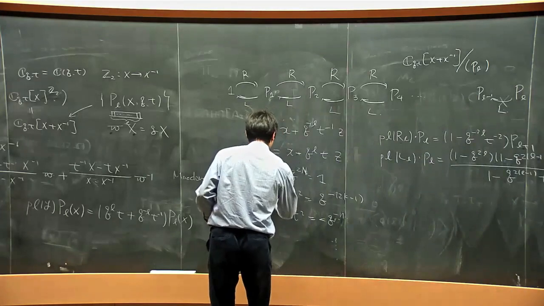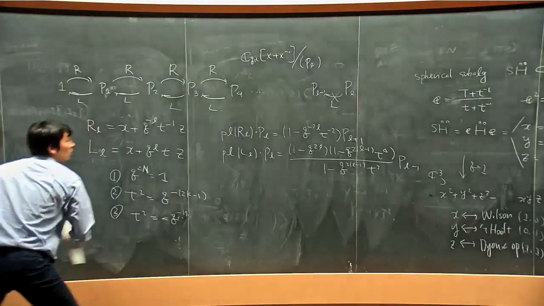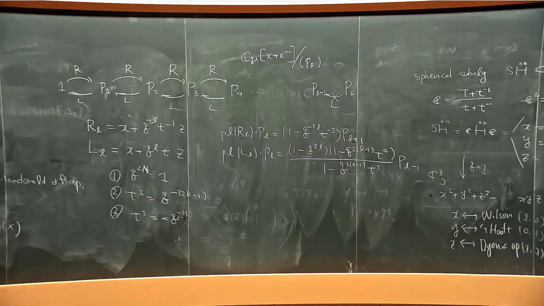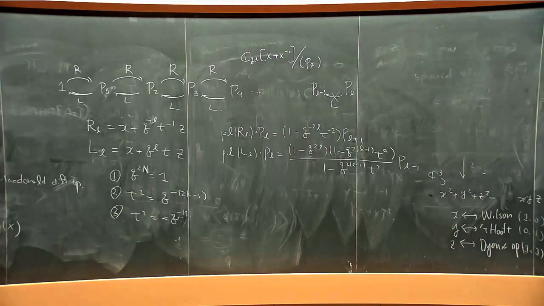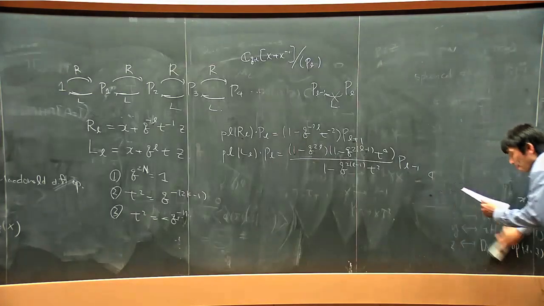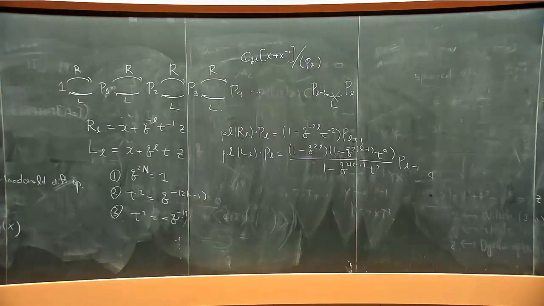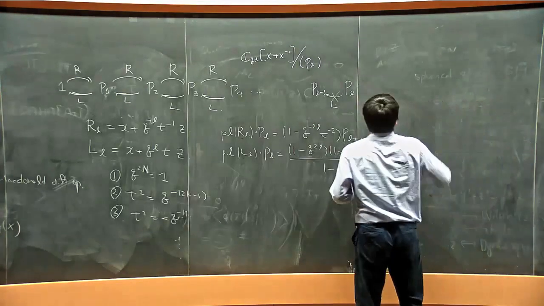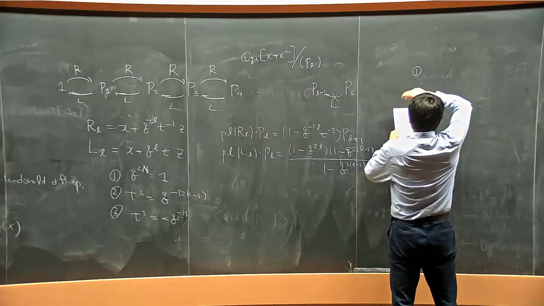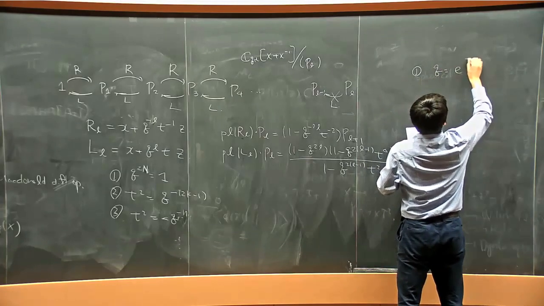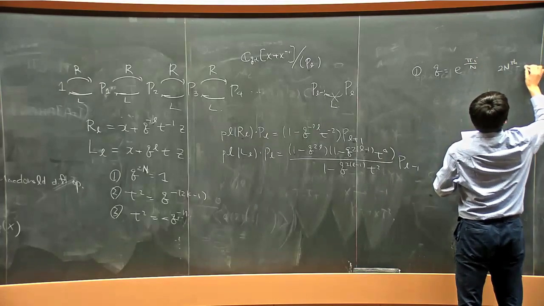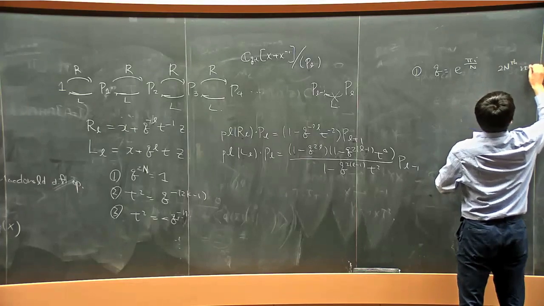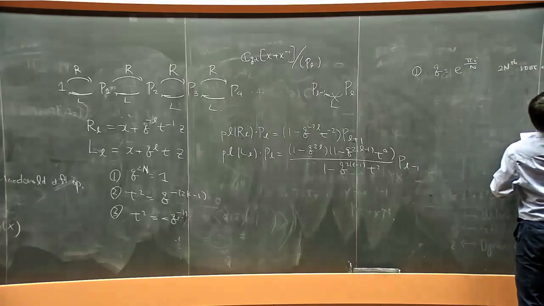So let's go to number 3. In the case of number 1, q is indeed e to the pi i over n, so a 2n-th root of unity, and t generic.